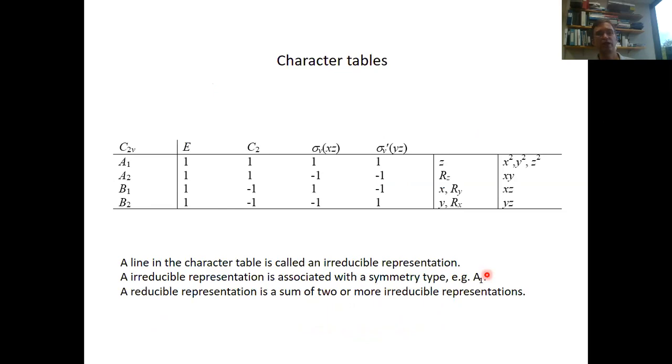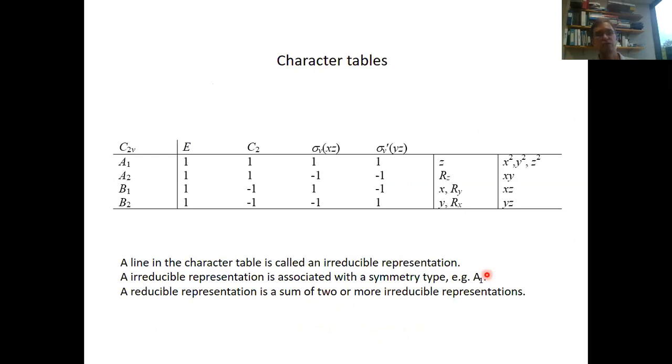Okay, so what is the next step to do? We have to determine the symmetry types of the ligand group orbitals. In order to do this, we first have to understand what is meant by symmetry type.